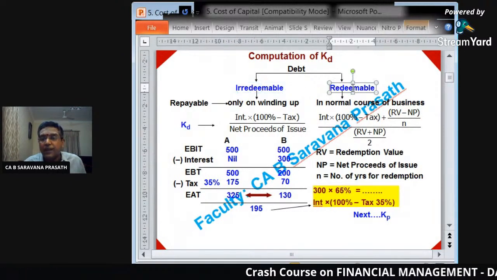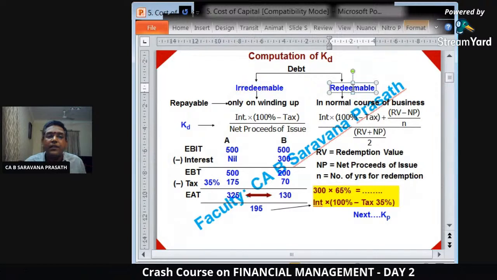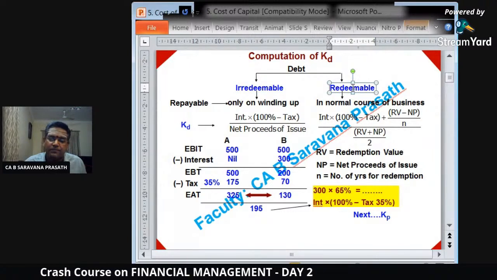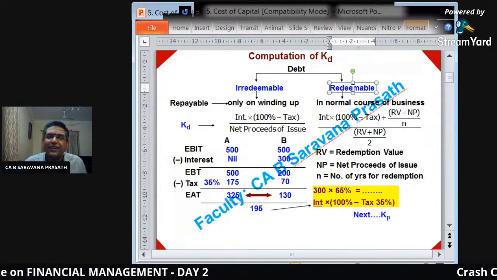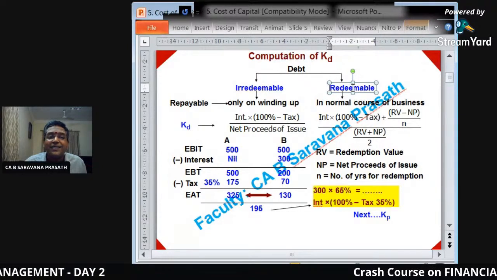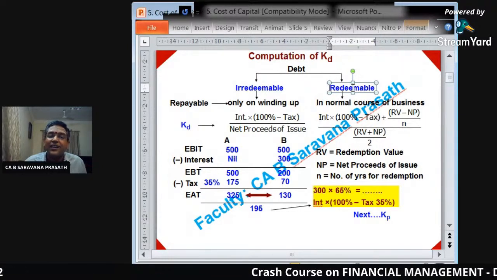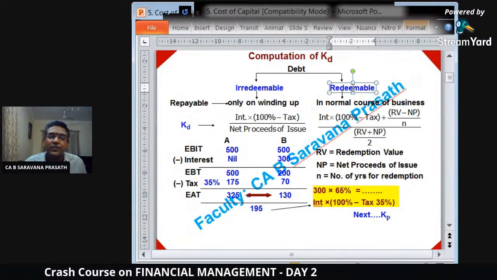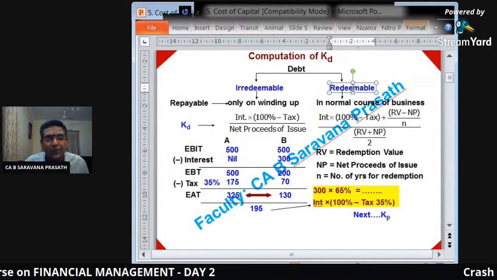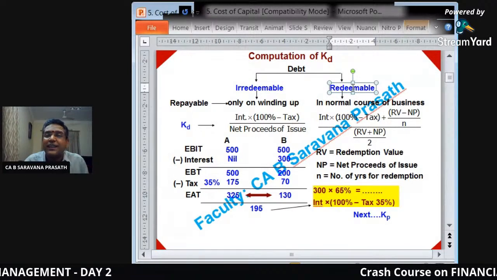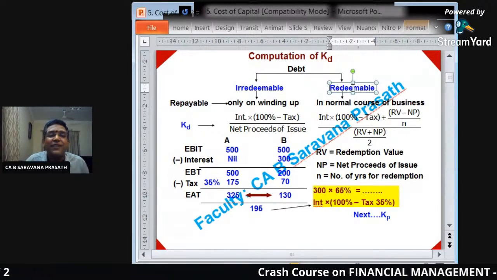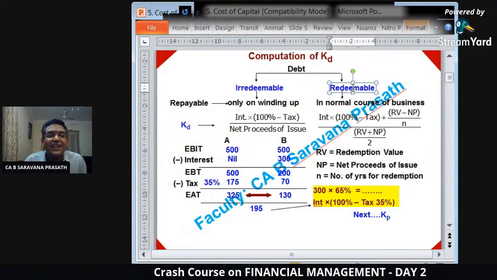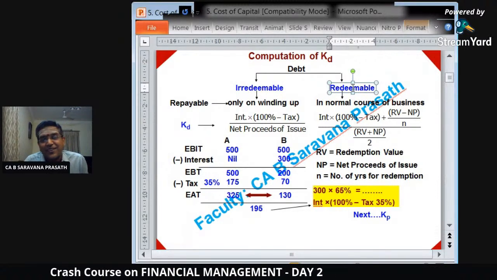In case the debt is redeemable, we have different components of payment. One is the interest component, the other one is the extra payment on redemption. Suppose 100 rupees is the face value. Redemption is at 125 after 5 years.